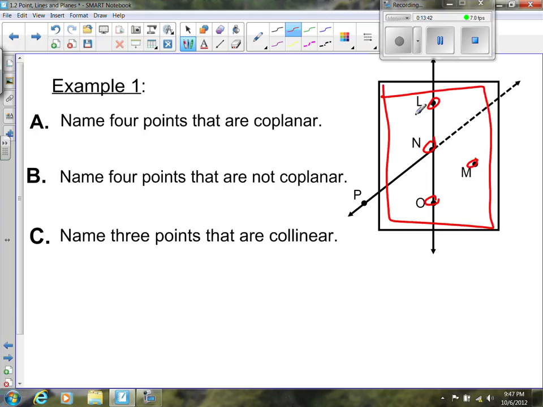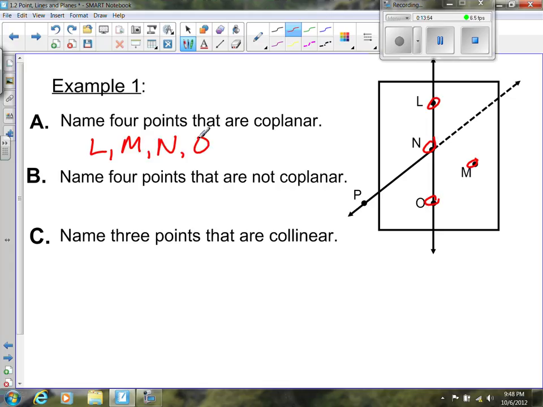I could put a sheet of paper right on that rectangle, and those 4 points would all be on there. We can say points L, M, N, and O are all coplanar. I lost my point M there.